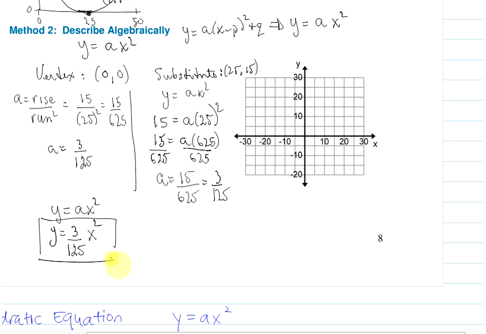All right, so let's graph it. We have (25, 15) and (-25, 15), and we will graph it like this.